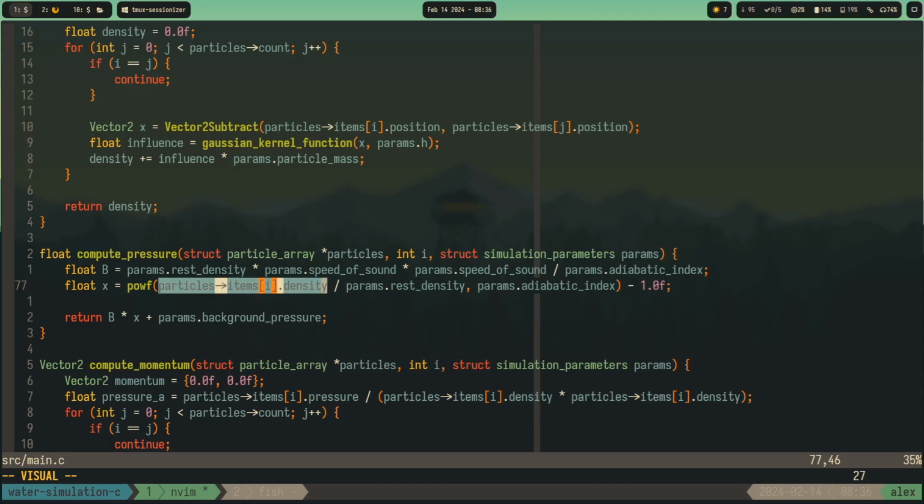Expand, or fall onto itself, basically. That's what we need to do to increase the pressure. And if the pressure is too large, we need to expand. So that's what x does.